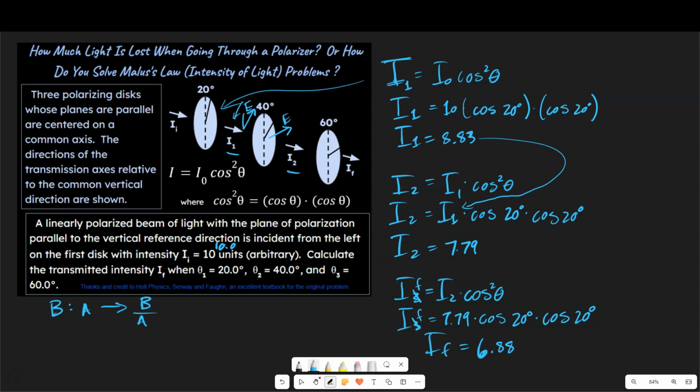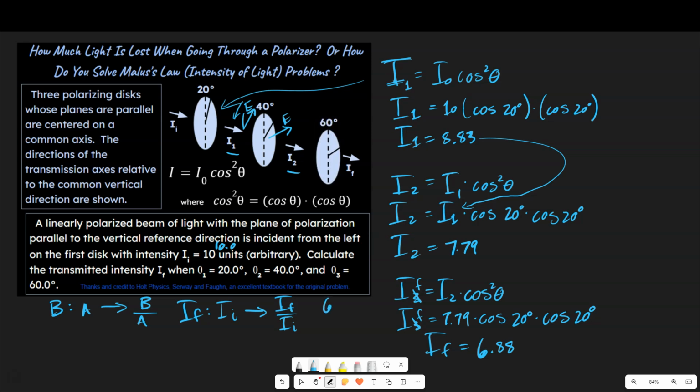We could follow up with a question that says something like, what is the final intensity of the light as compared to the initial intensity of the light? If you're going to do that mathematically, you're going to say I final over I initial. That will help you conceptually, but also mathematically, compare the differences.